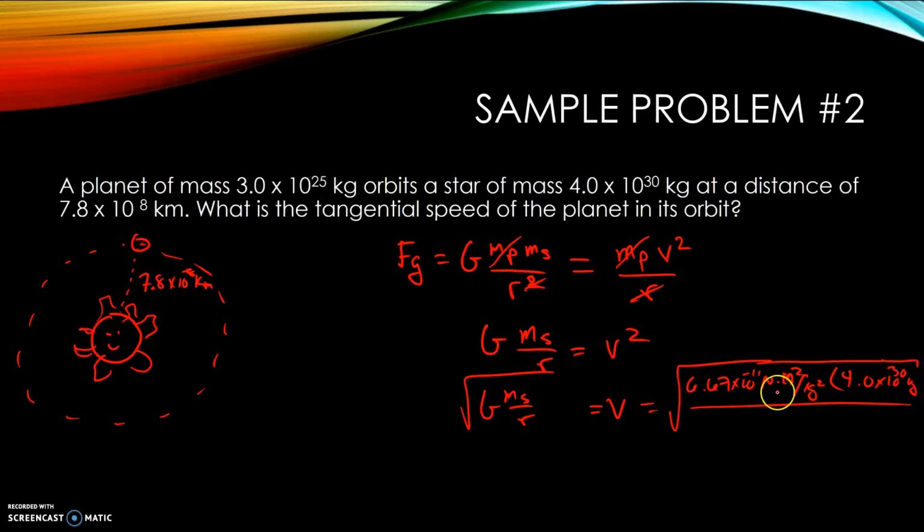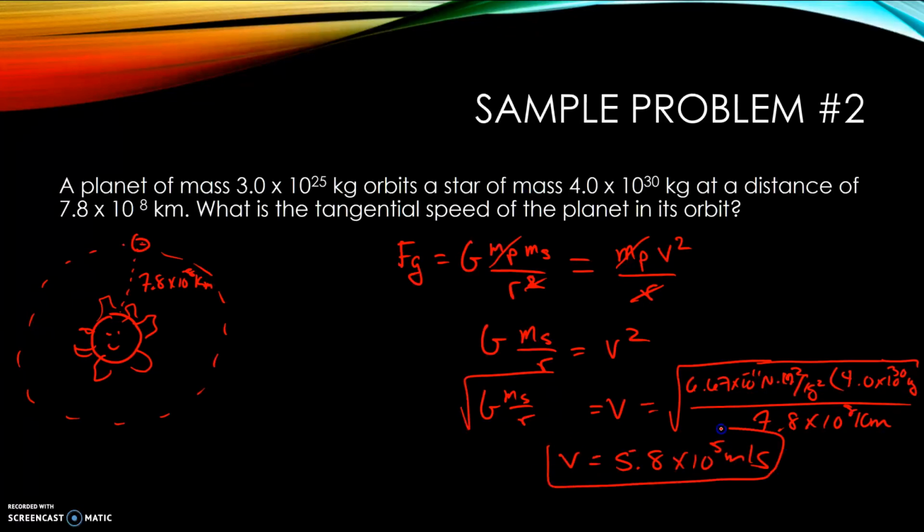Divide all that by the distance, so 7.8 times 10 to the 8th kilometers. Take the square root when you're calculating this, and I got 5.8 times 10 to the 5th meters per second. So this is the tangential velocity of this planet. It's the speed that it's going around in that circular orbit.